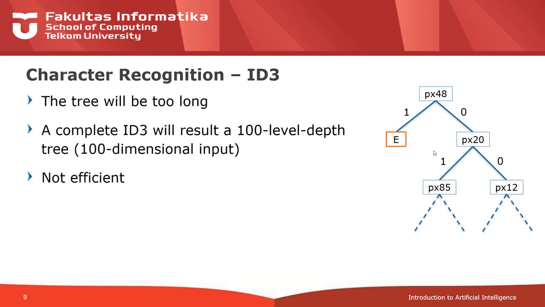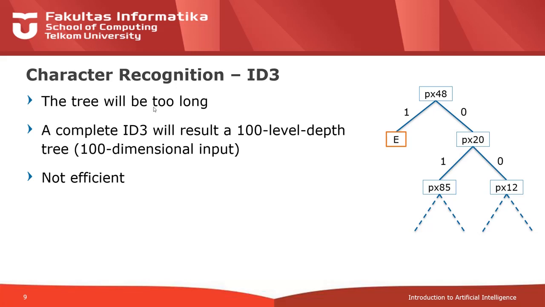So, for example, we have done the Shannon entropy calculation and the information gain calculation, and that means first, let's say, we will decide from pixel number 48 whether this is 1 or 0, and if it's 1 it becomes, for example, E. If it's 0 it becomes another decision tree for pixel 20, and so on.